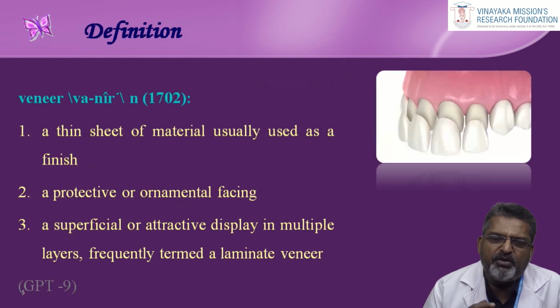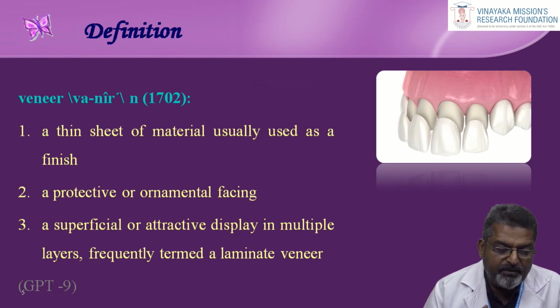Coming to the definition, according to GPT-9, I think you will know what GPT is. GPT is nothing but the Glossary of Prosthodontic Terms. According to GPT-9, a veneer is, first, a thin sheet of material used as a finish. Second, it is also called a protective or ornamental facing.